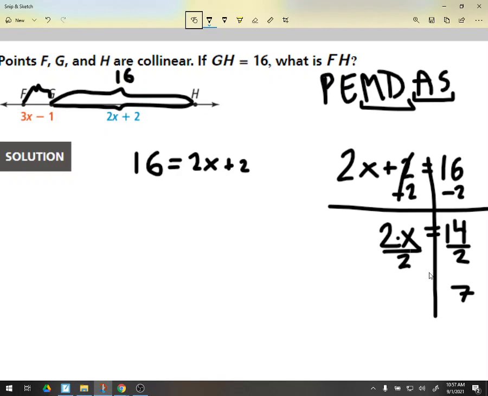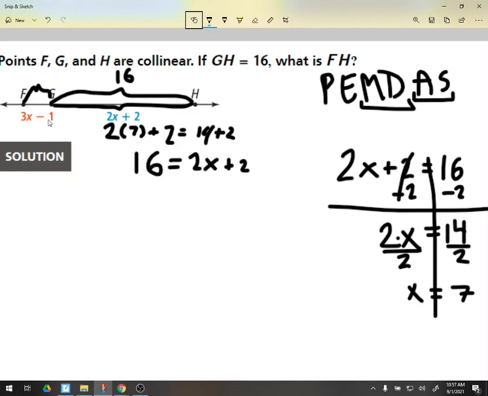So 7 is x. Okay, so I know x is 7. Let's just double check. 2x plus 2, if I plug in 7 for x, 2 times 7 plus 2. 2 times 7 is 14 plus 2. 14 plus 2 is 16. Yep, that makes sense.